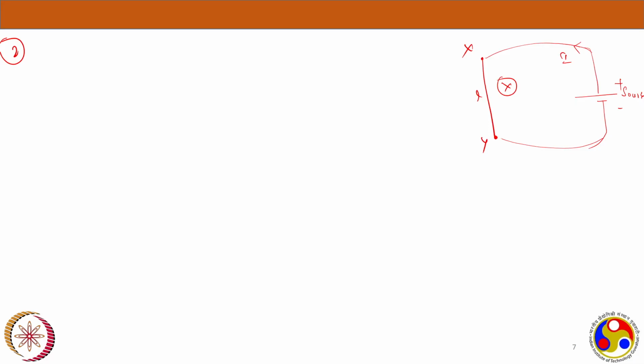A current carrying conductor placed in a magnetic field, where the field is perpendicular to the direction of current flow, will experience a force. That's the law. Now what is the magnitude of the force and the direction of the force? Those are our points of interest.